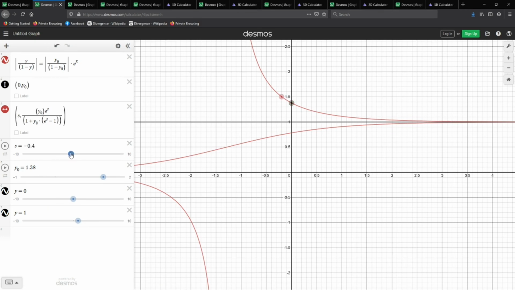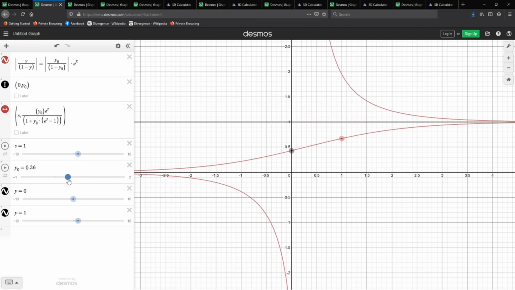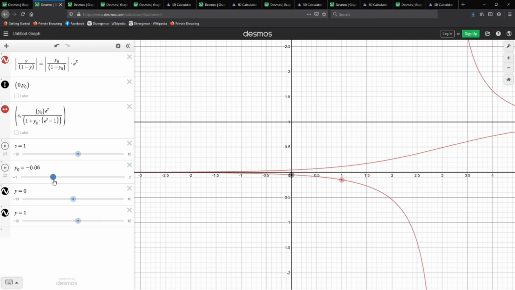And then our two other orbits are, if you start with a value at 1, the solution is constant at 1. Or if you start with a solution value at 0, the solution again stays constant at 0.